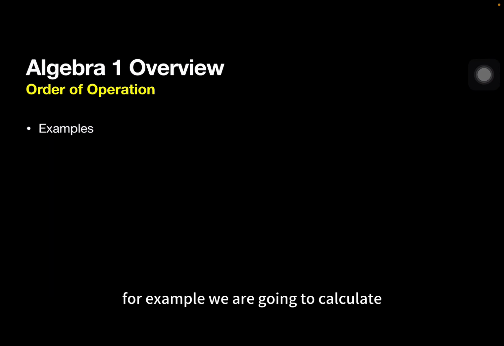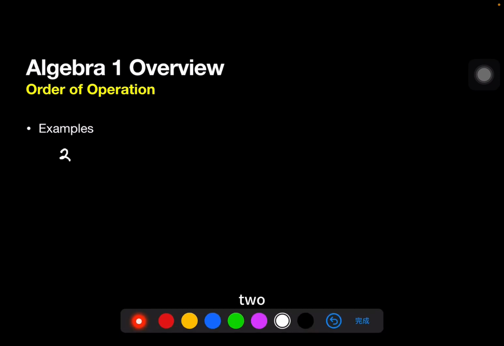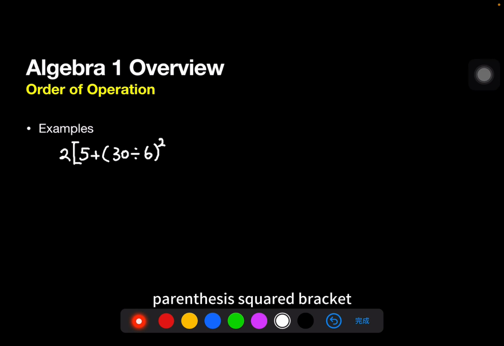For example, we are going to calculate 2 times bracket 5 plus parentheses 30 divided by 6 parentheses squared bracket. Okay, so in order to calculate correctly, we will have to follow the order of operations.